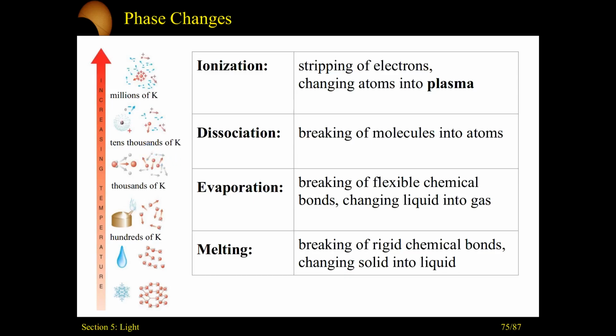Keep going higher, and you'll get to ionization. All right, so once you get into the millions of kelvins, this is what we call a plasma. Plasma will be this higher state of phase. And what that means is, take a hydrogen atom. Hydrogen has electrons associated with it. Once you've ionized it and turned it into a plasma, the electrons can no longer be stably bound to hydrogen.